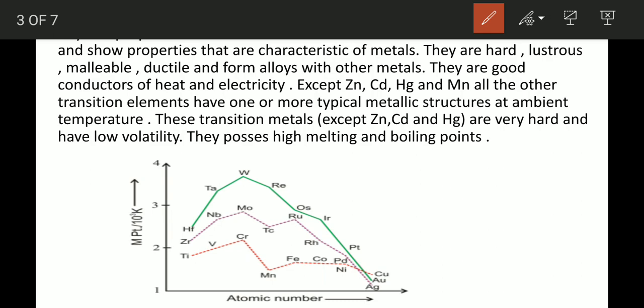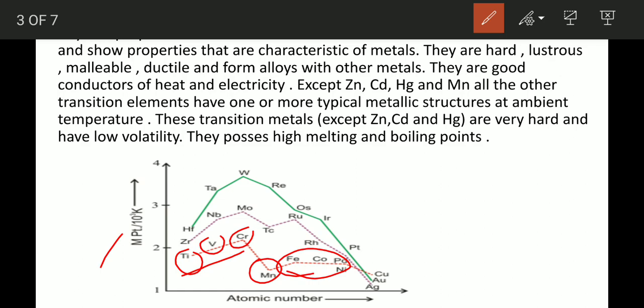Atomic number, like titanium, vanadium, chromium. So till chromium it increases. Melting point is what? Increases. After that, manganese, it is what? Decreases. Then iron, cobalt and nickel, it is what? Constant.